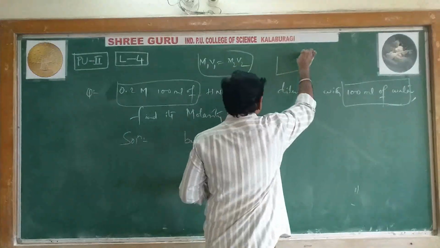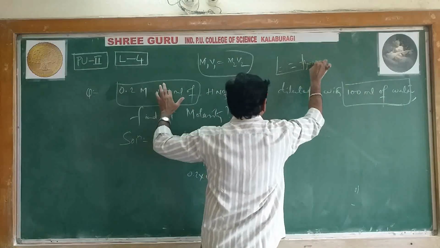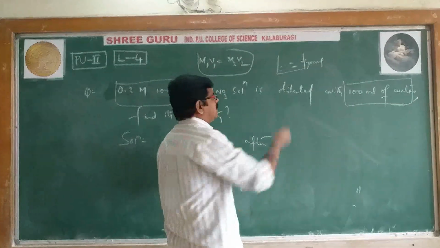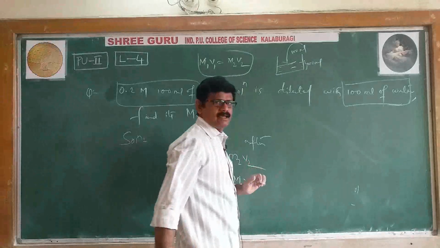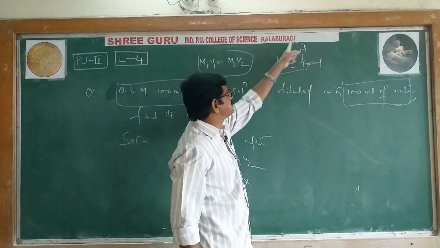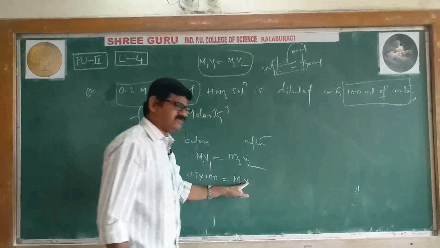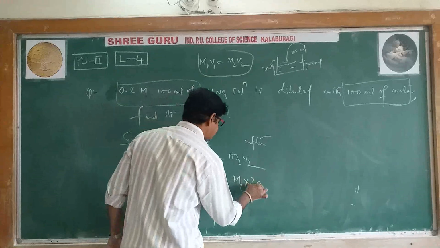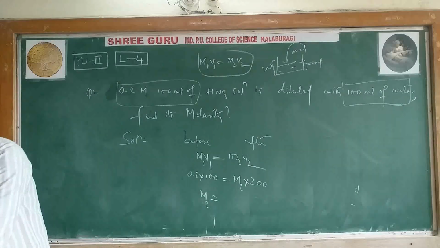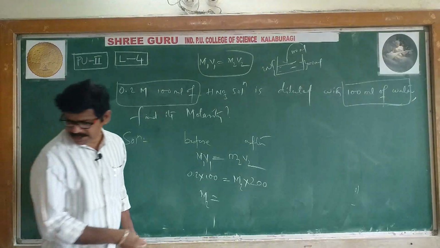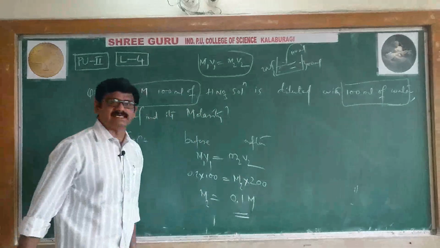Why? Because in the container 100 ml solution is already present. Additional to that, we are adding an extra 100 ml of water. Originally 100 ml was there. Additionally 100 we are adding. Total it becomes 200. That is the final volume. We will write here 200. And if you do the simplification, you will get 0.1 capital M, that is mole per liter, is your answer.